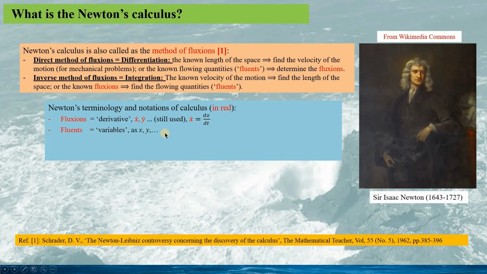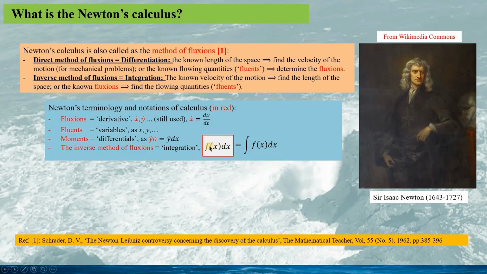Fluents are the variables x, y, and so on. Moment, the differentials: in Newton's notation it would be given as y dot o, and in modern calculus it is given as y dot dx.